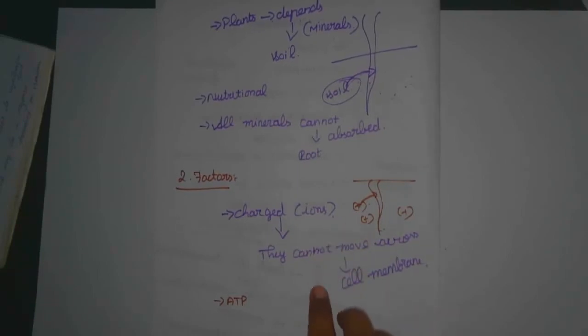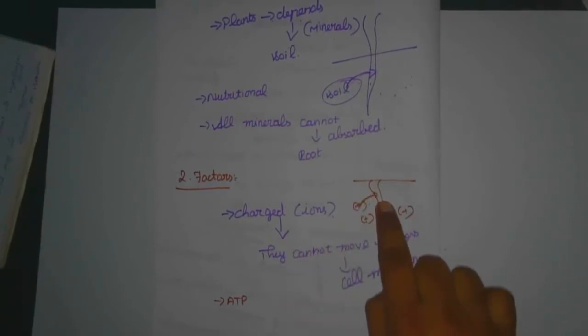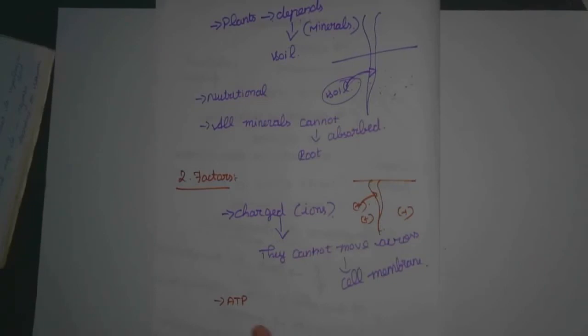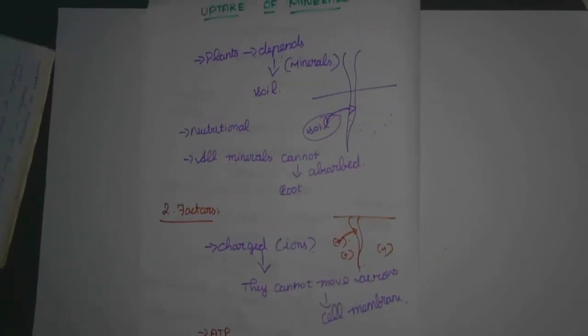And the next one is that the concentration of minerals in the soil is usually lower than the concentration of minerals in the root, so they are absorbing the charged particles. At that time they show some pulling movement and use some energy, that is the ATP. So this is the uptake of minerals in the soil. Let me go on to the next topic, translocation of mineral ions.